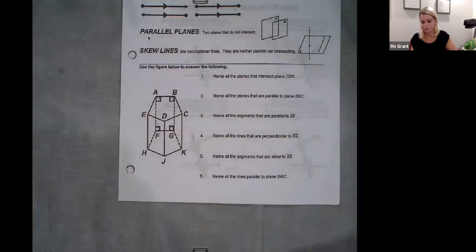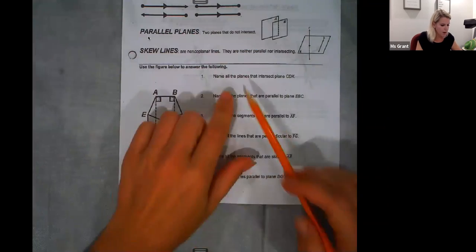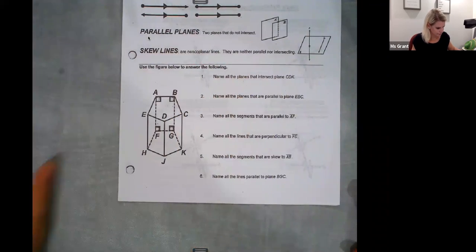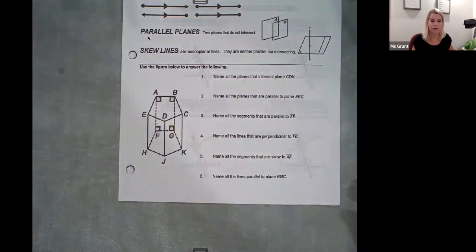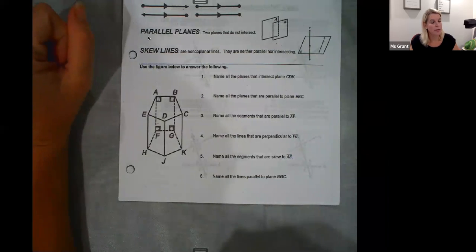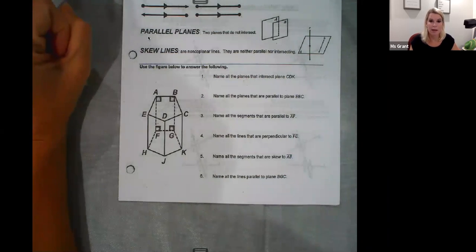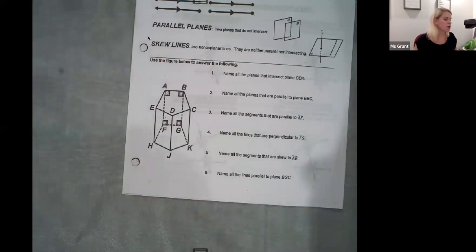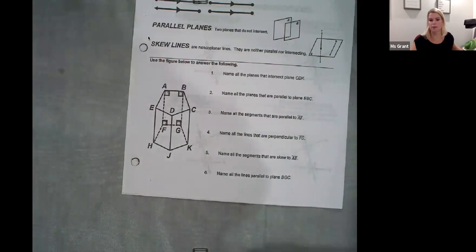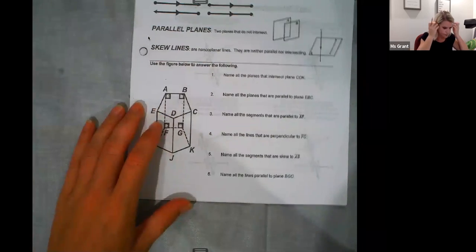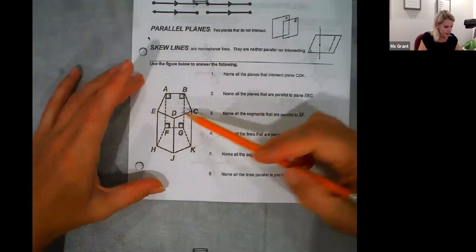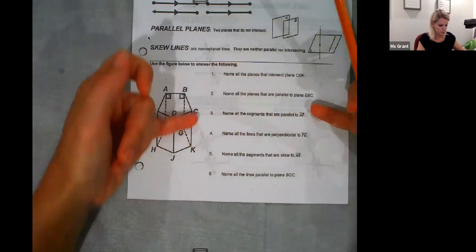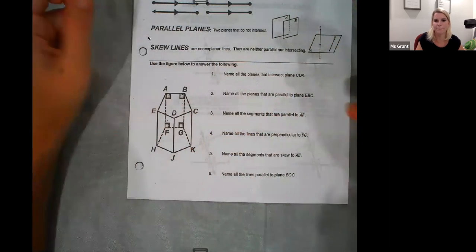So here we go. Name all the planes that intersect CDK. CDK, I remember I only need 3 points to name a plane. So let's just pick 3 points. CDK. CDK is this vertical plane going up and down.